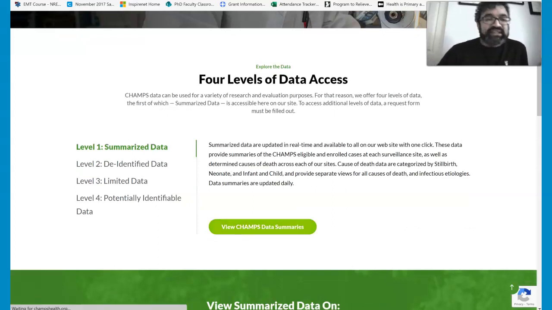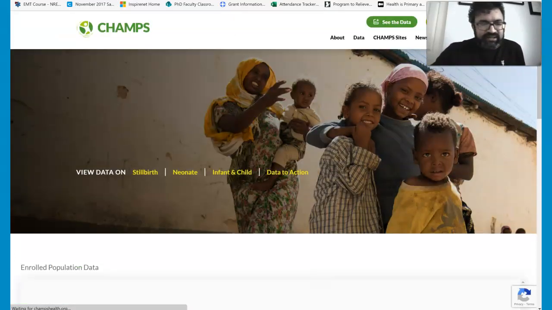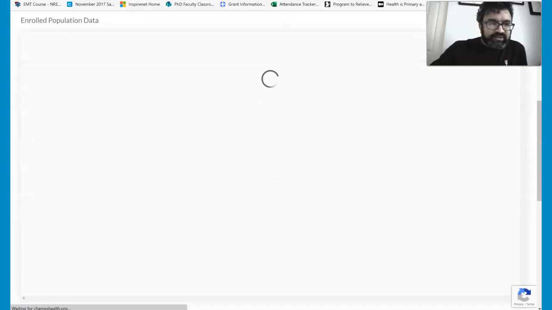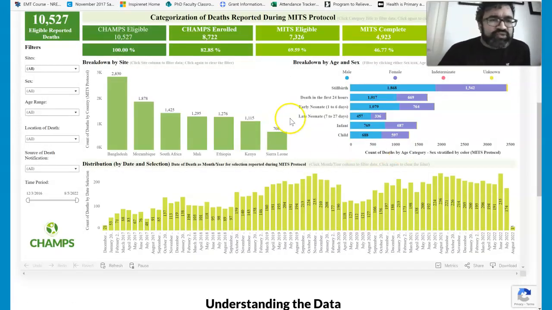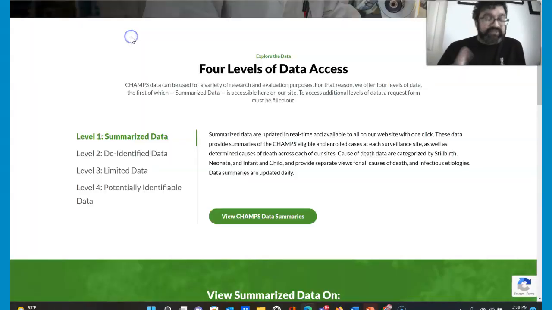So you can take a look at these data summaries with the enrolled population data and just peruse through that. If you looked at the previous screen closely on the top left, and if you didn't, I would pause and go back, 10,527 deaths had been reported in that dashboard.